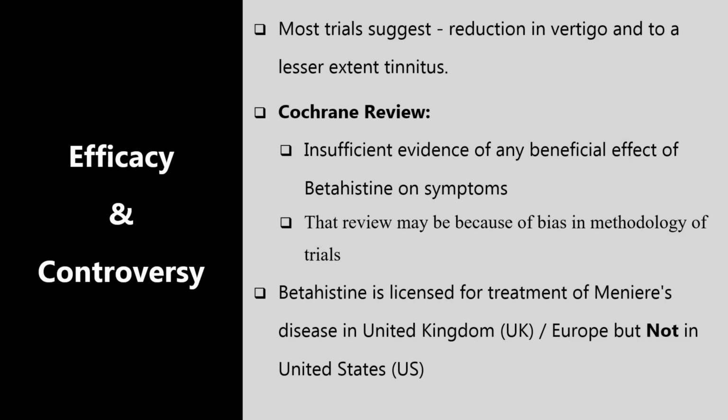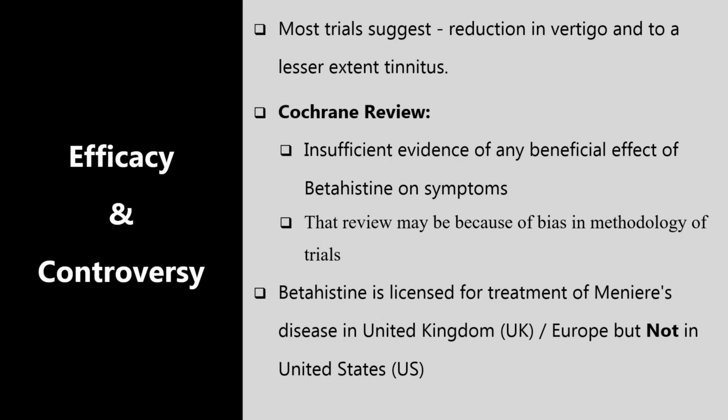Betahistine was first approved in 1970 for the treatment of vertigo in Meniere's disease. Most trials suggest reduction in vertigo and to a lesser extent tinnitus. Cochrane Library Review showed insufficient evidence of any beneficial effect of betahistine on symptoms.